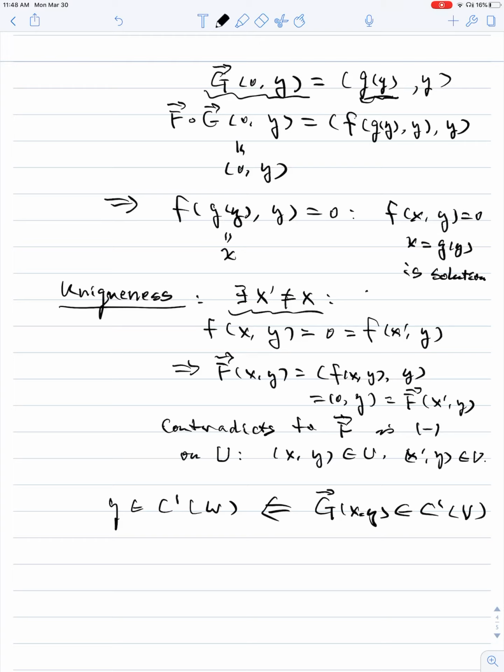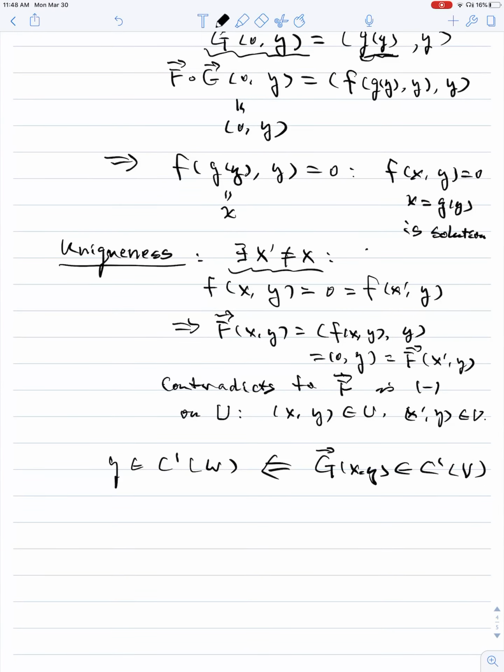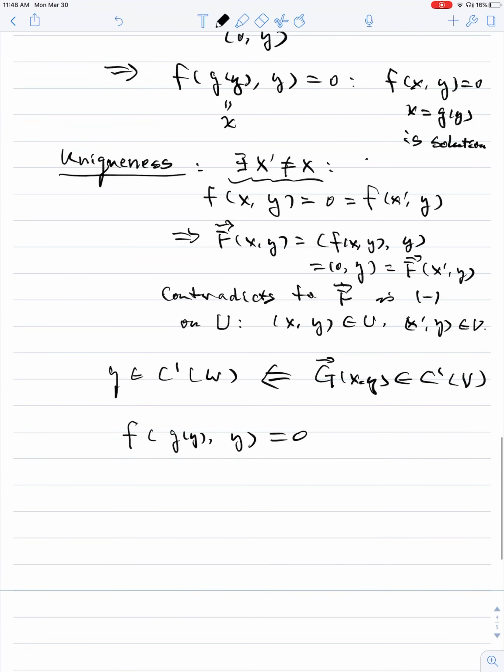And now, to find the formula for the derivative of g, remember that we have this equation, and then we just differentiate both sides with respect to y, and then we are done.